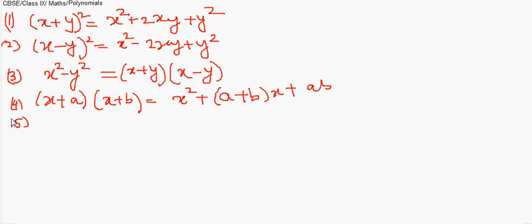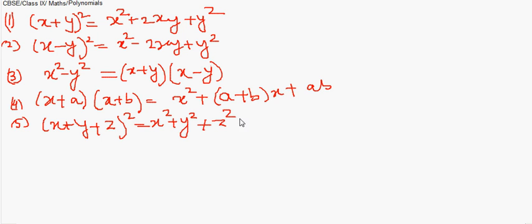Here we get into more critical ones, the new ones I think this year. The first three you might have been knowing for quite long, I said. So it's (x plus y plus z) whole square, which will be expanded as x square plus y square plus z square plus 2xy plus 2yz plus 2zx.